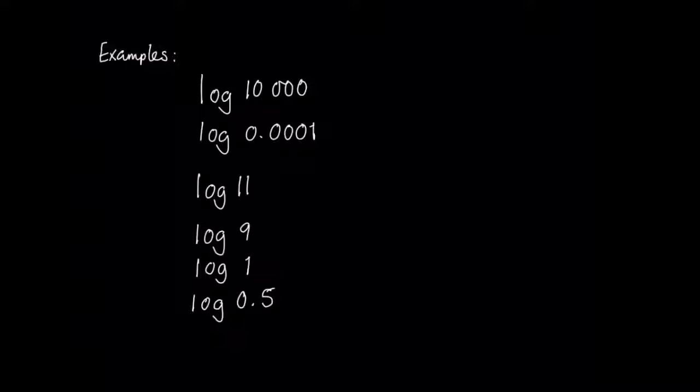With powers of 10, it's easy to write down log to the base 10. So, for example, in the first problem, log of 10,000, we know that 10,000 is 10 to the power of 4. So log of 10,000 is just going to equal 4.